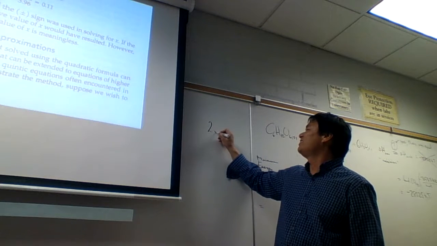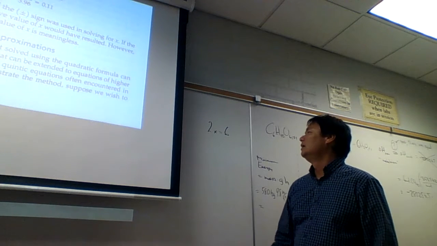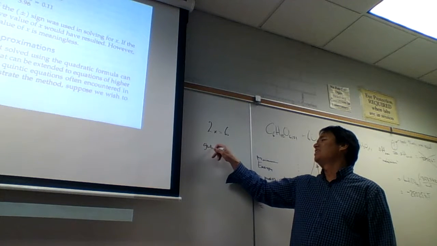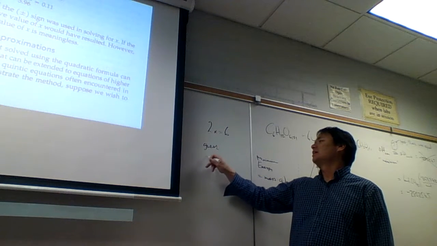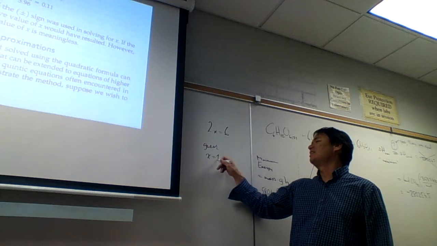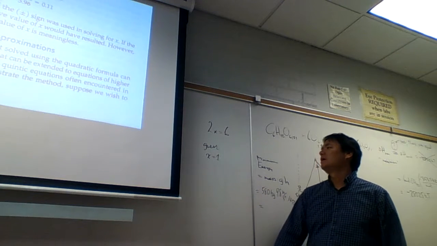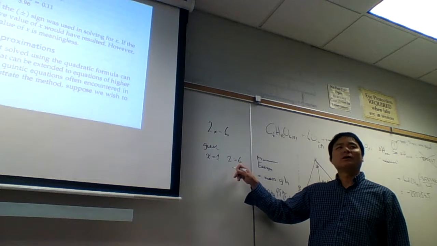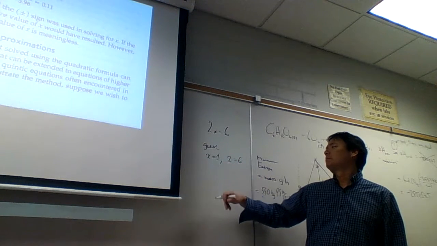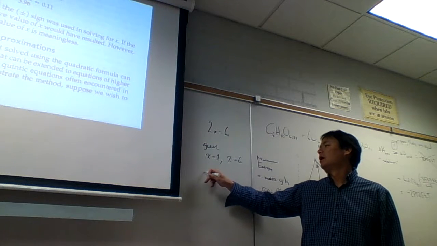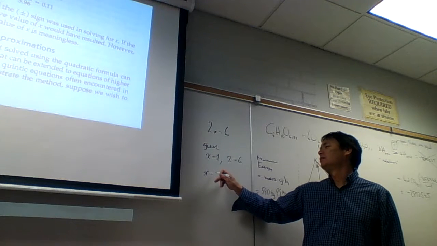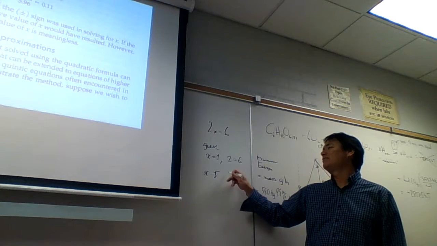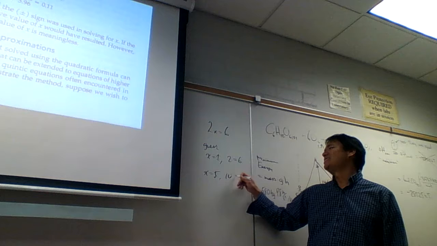And so for example, if I have 2x equals 6, I might guess x values. Say, for example, if I guessed x is 1, then I get 2 is equal to 6. Well, that didn't work. Right? It's too small. I might guess x is 5. If I guess x is 5, then I get 10 is equal to 6.